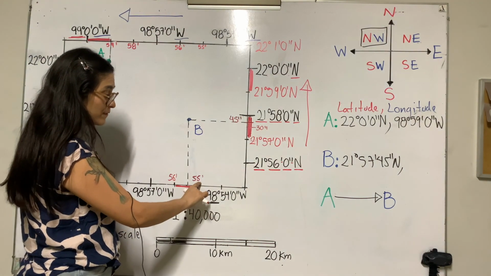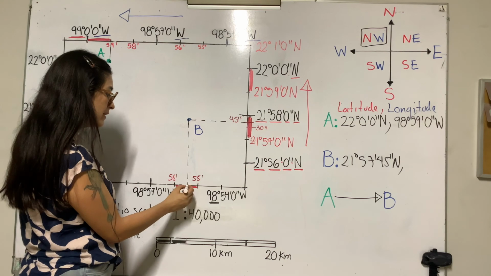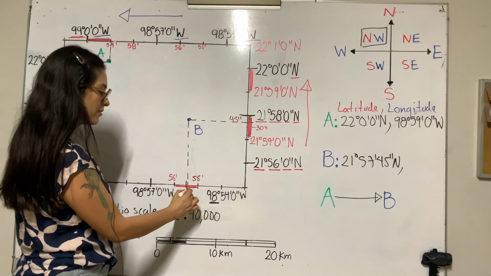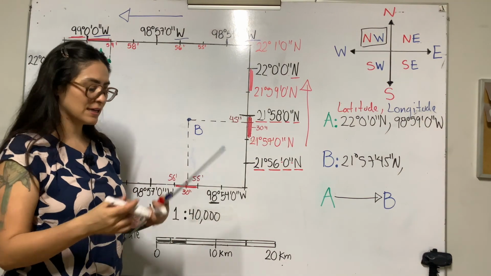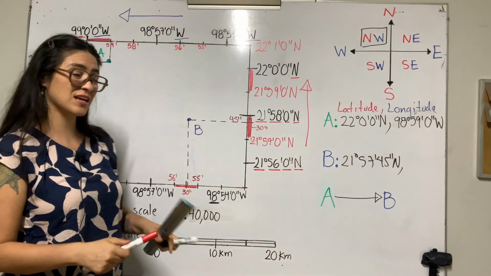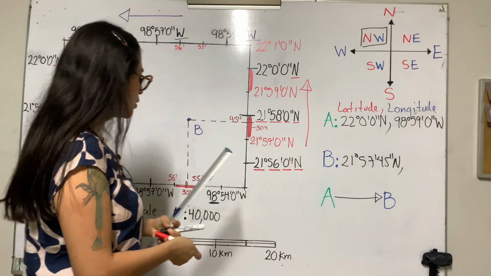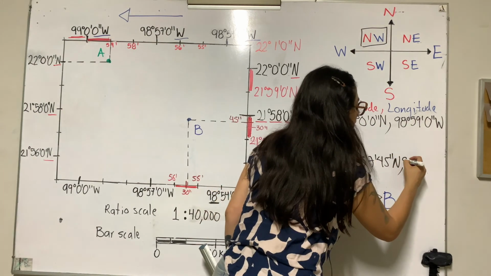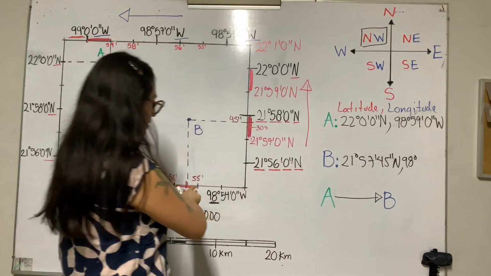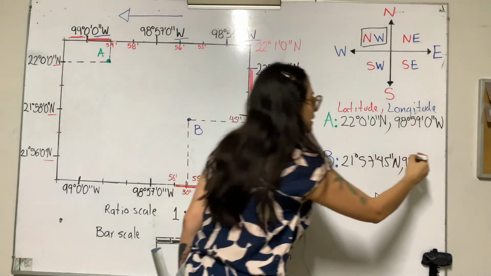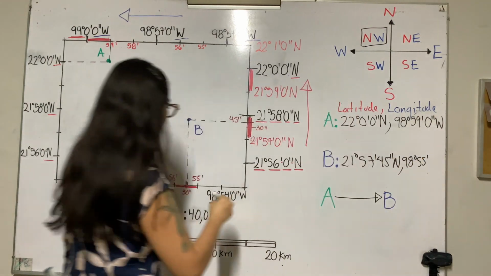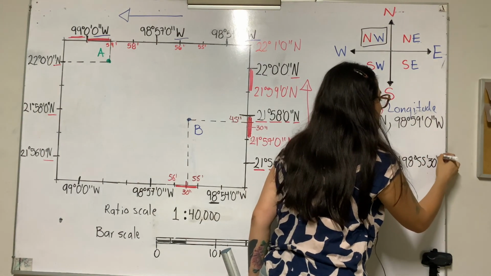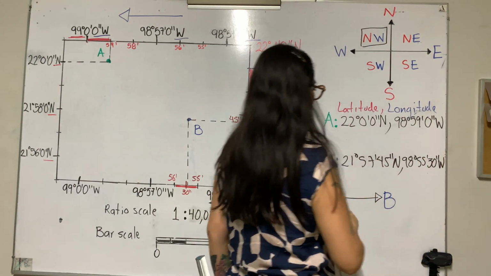So we are in the minute 55, but in the middle, so we are in the 30 seconds part. We are using fractions, but these fractions are minutes and seconds. So the longitude of that point is 98 degrees, 55 minutes, and 30 seconds. We have to be very specific, and going west.